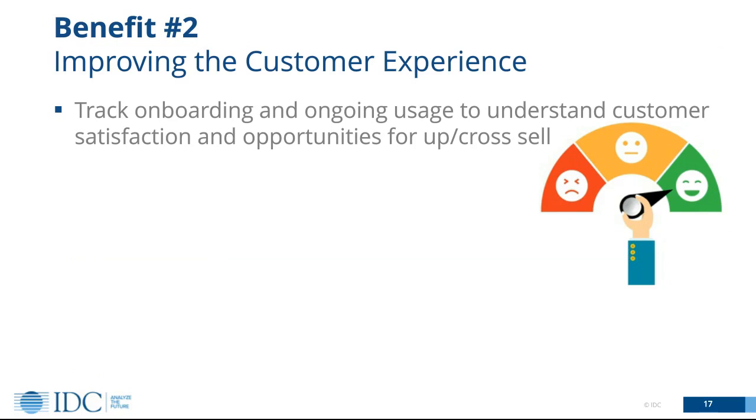All right. So benefit number 2, improving the customer experience. So been nibbling a little bit on this, but what you can do with this data is track onboarding. So when you release a new product, wouldn't it be great to understand how your customers are adopting these new features, and how that data could be used to understand what the opportunities for up and cross sell would be?